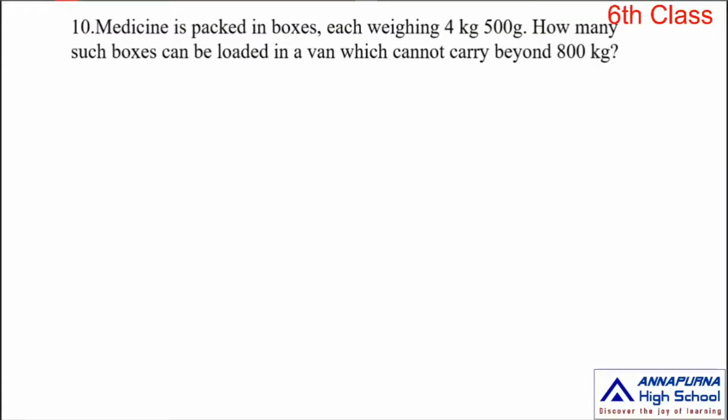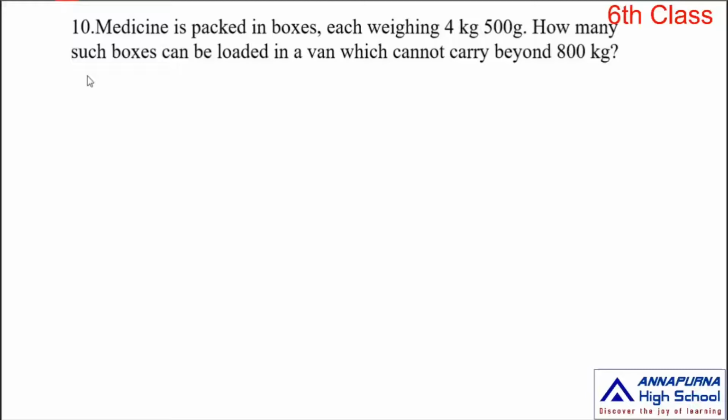10th problem. Medicine is packed in boxes, each weighing 4 kilograms and 500 grams. How many such boxes can be loaded in a van which cannot carry beyond 800 kilograms? Here in this problem, medicine is packed in boxes.